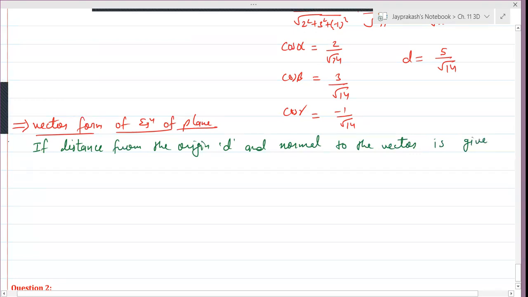So we will calculate the equation of plane in vector form in two steps, when the distance from the origin d and the normal to the vector is given.